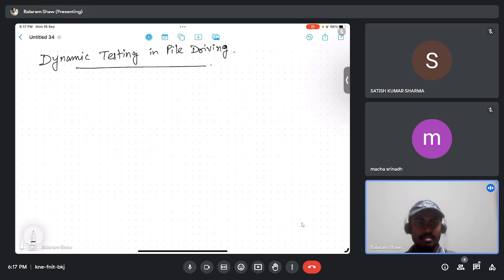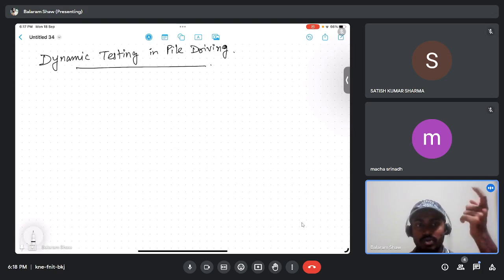Now what happens when we design the pile foundation? We consider some bearing capacity of soil, and the strength of the soil. But during the driving of the pile, the structure or the strength or the properties of the soil can change, isn't it?